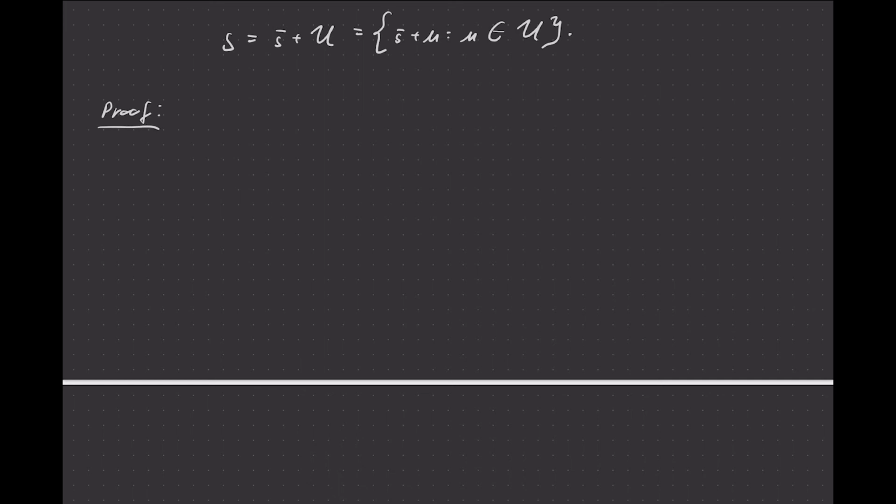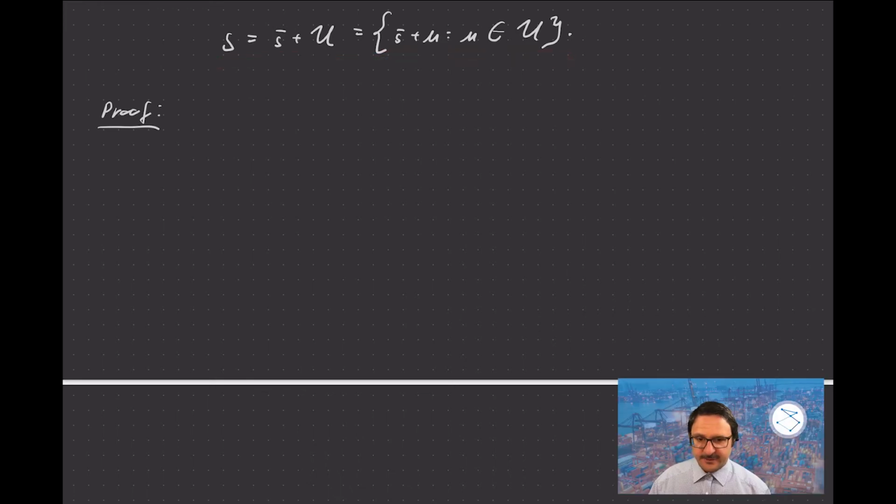So, what this relation here says is basically two things. First, it says if you take an arbitrary solution from U, from the homogeneous case, and add that S bar, then the result is always a solution of the inhomogeneous case.